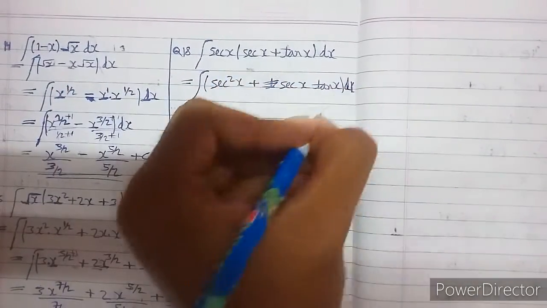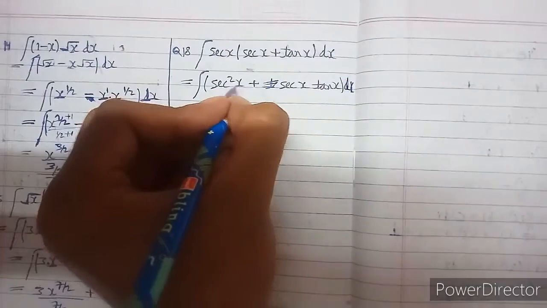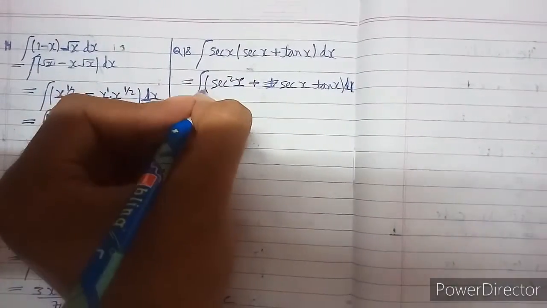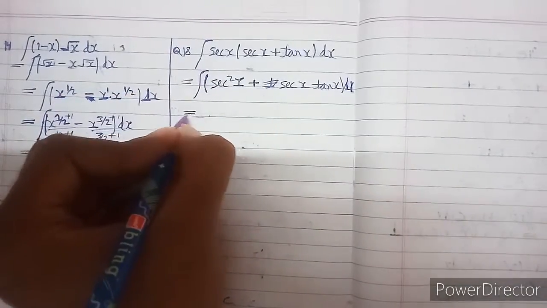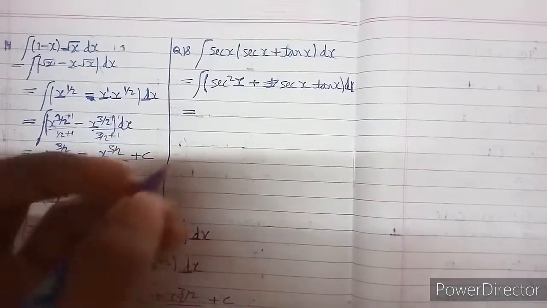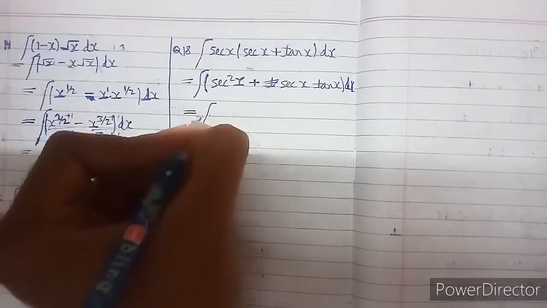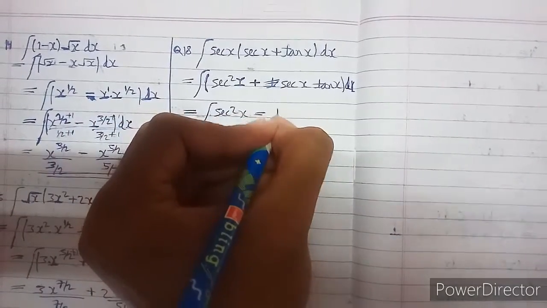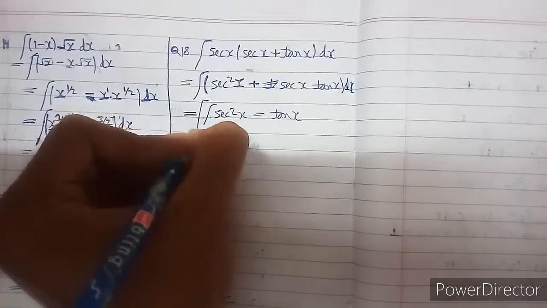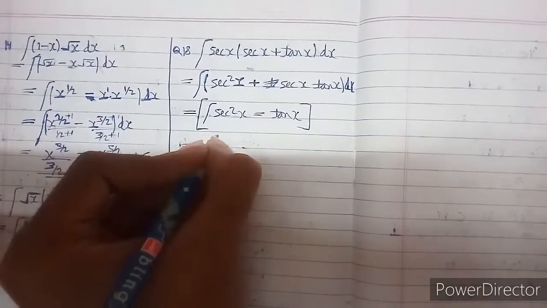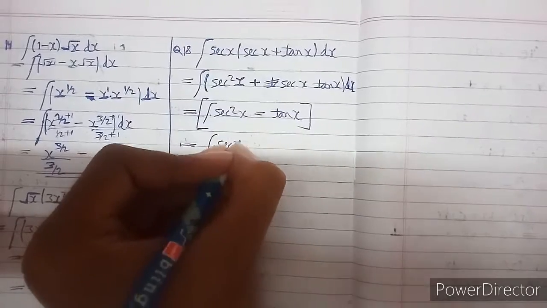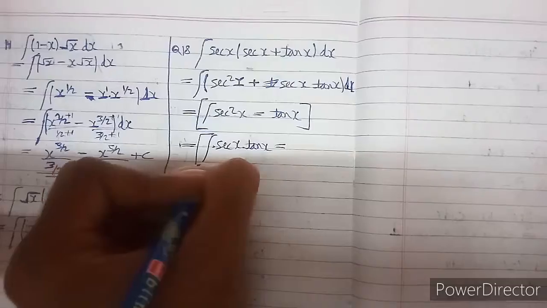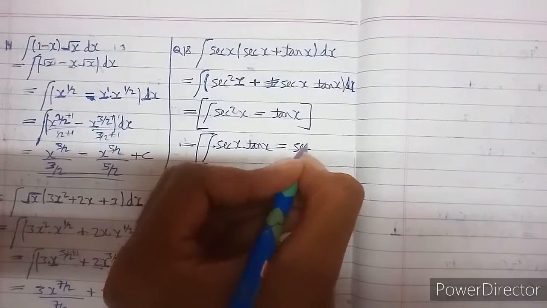This you will get. Now, I think you have learned the formulas. If you have not learned them, you have to learn them as quickly as possible. So for this question I am mentioning: integration of sec square x is tan x, and integration of sec x tan x is sec x.